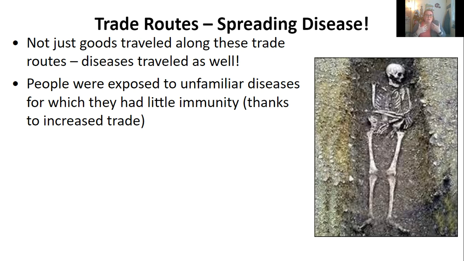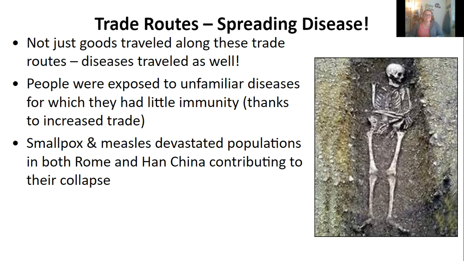So they didn't have a whole lot of immunity there. Thanks, trade. This same thing happened on a greater scale in the New World when Europe started to explore. As soon as Asia started opening up into the rest of the world, you started to see this exchange of diseases.